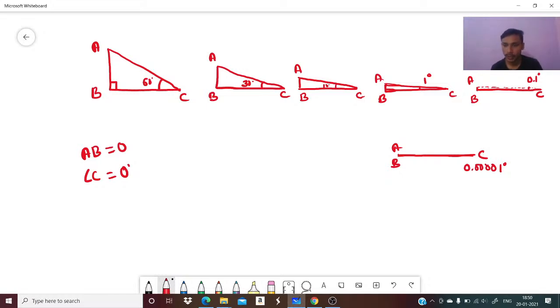One more thing you can see is that AC, the length of the hypotenuse, and the length of BC seem equal. The length of AC is now equal to the length of BC.